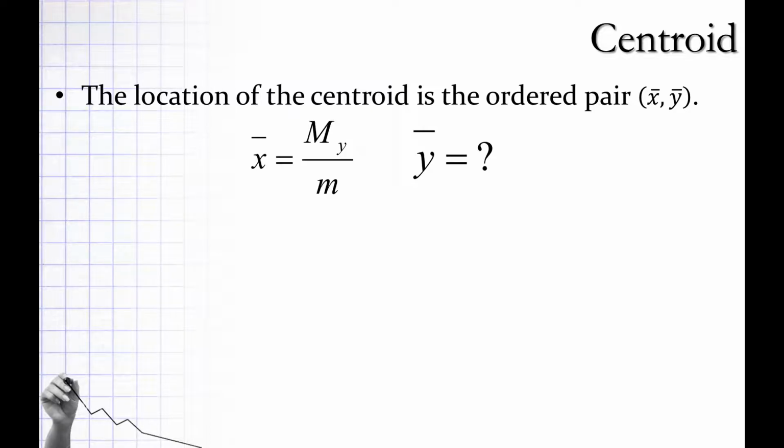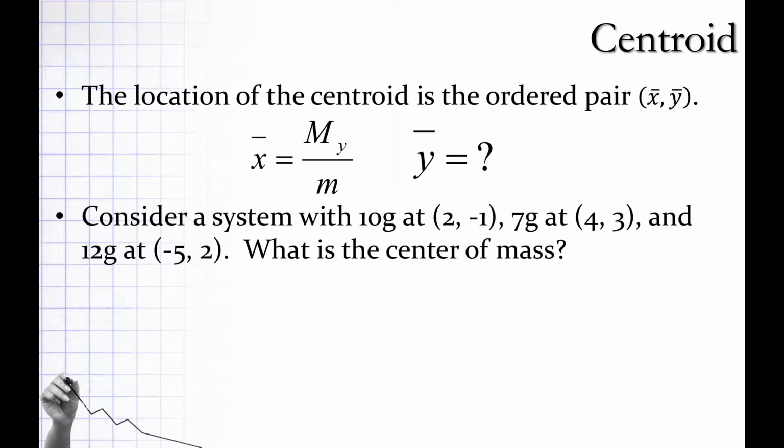I know that feels awkward, but remember we're talking about distances. So the moment about y are all of those x distances from the y-axis. That's why we call it that. For our y coordinate, we're talking about the y distances from the x-axis. So we call it the moment about x. And this is the problem that we're going to find the center of mass for.